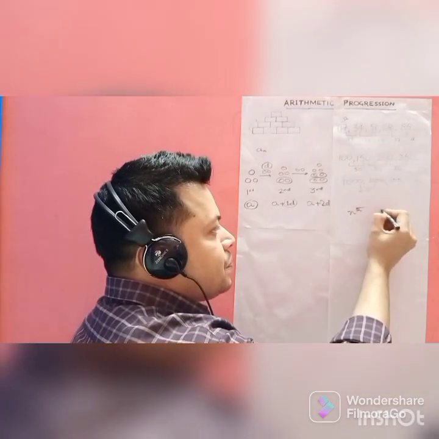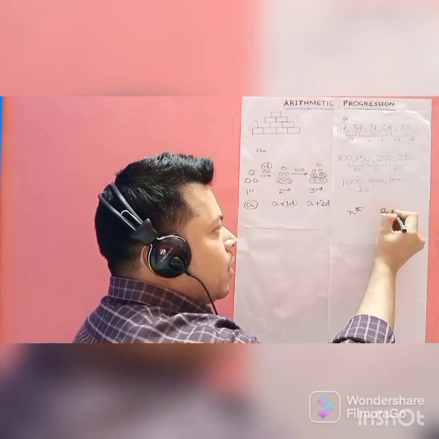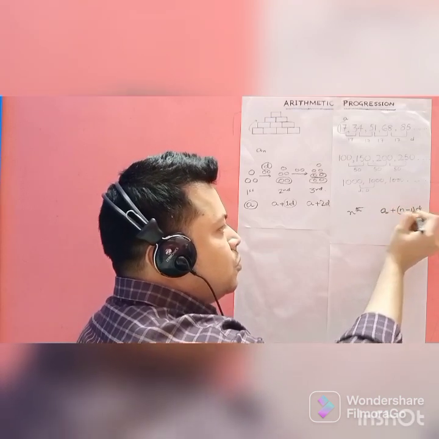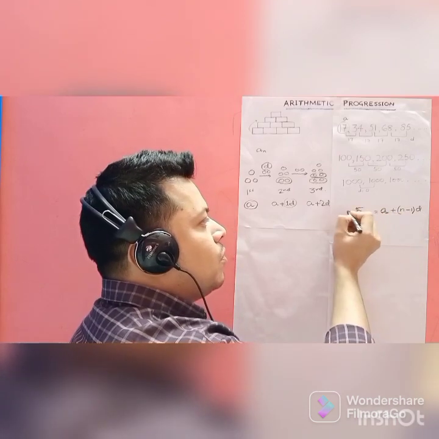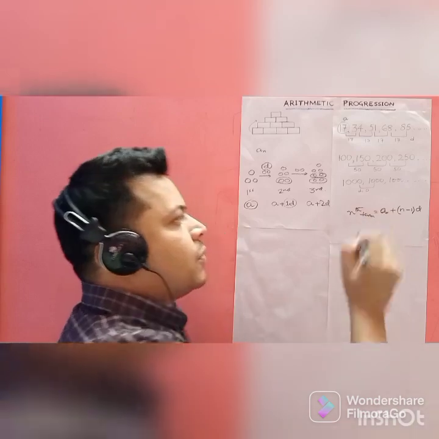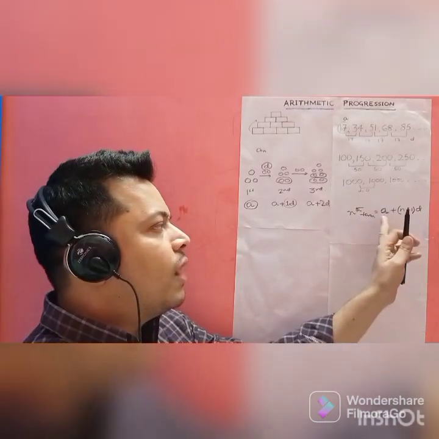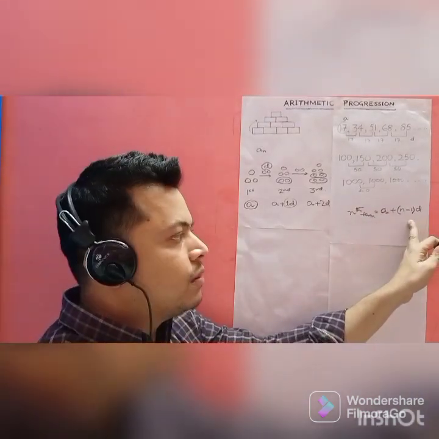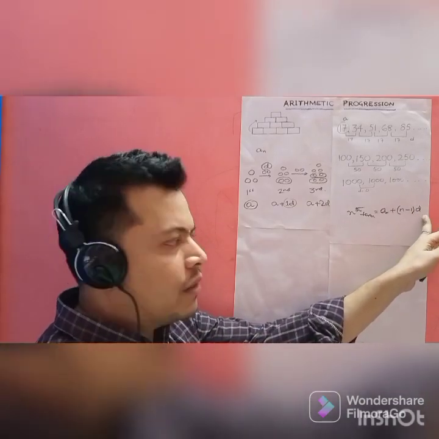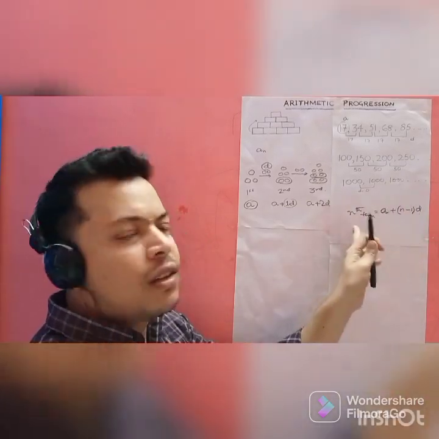The nth term would be a plus (n minus 1) into d, and this is the formula for the nth term. So if we know the value of a, if we know the value of n, that is the number of terms, and if we know the value of small d, that is the common difference, then we can easily calculate the nth term of an AP.